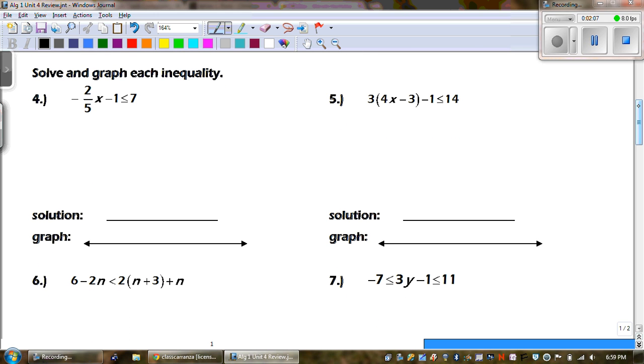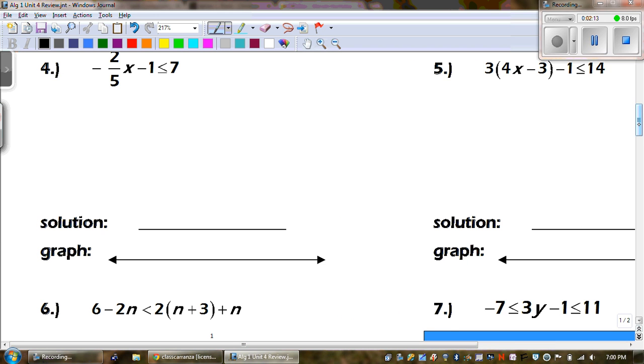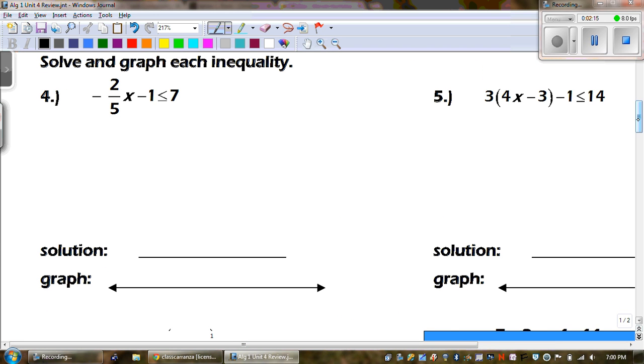All right, number 4 says to solve and graph each inequality. So I'm going to zoom in, so we're just looking at this. So we have to solve for x. To get the x by itself, the first thing we have to do is add 1 to both sides because we're following SADMAP, the order of operations. 7 plus 1 is 8.